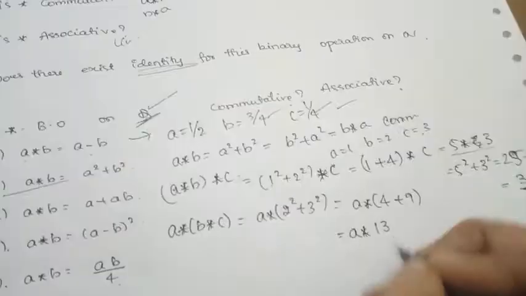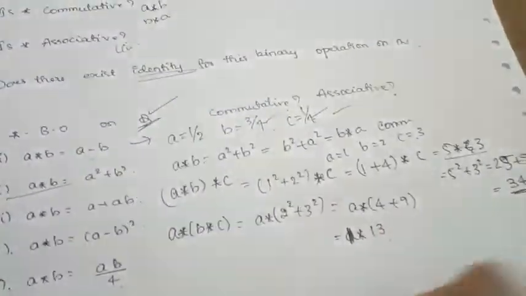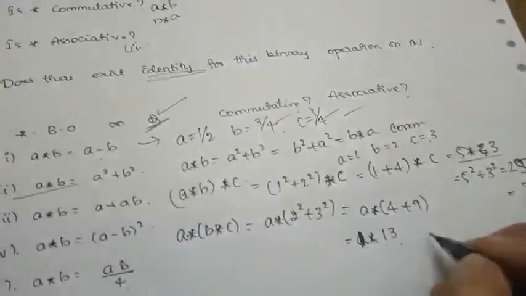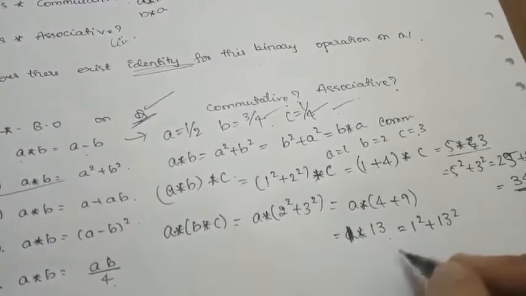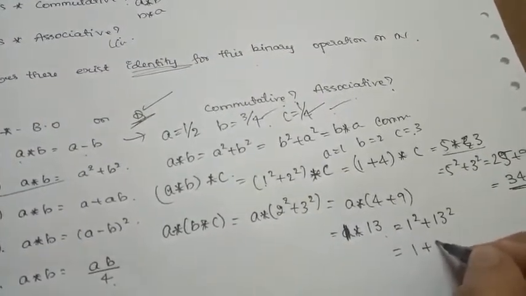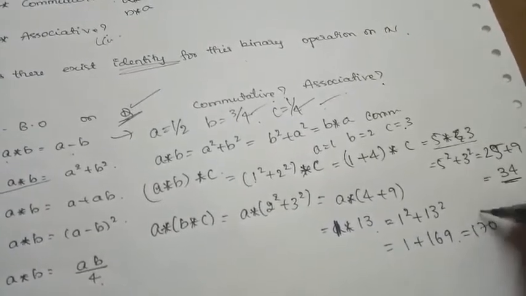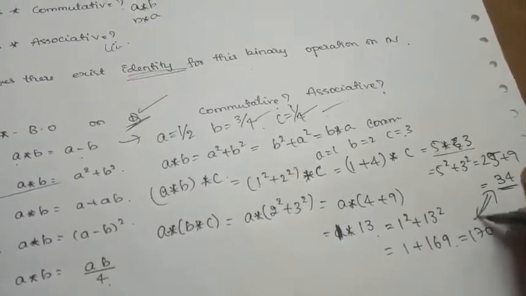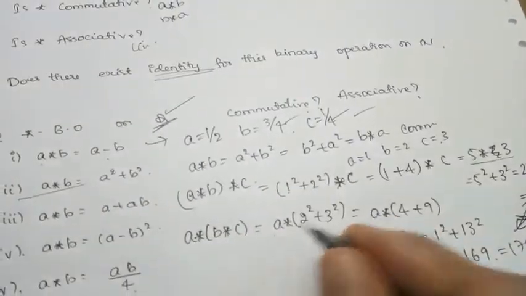It is nothing but 13. What is the value of A? It is 1. So now it is 1 star 13. According to the definition, 1 star 13 is 1 square plus 13 square. 1 square is 1. 13 square is 169. So it is 170. So obviously our LHS is not equal to RHS, so it is not associative.